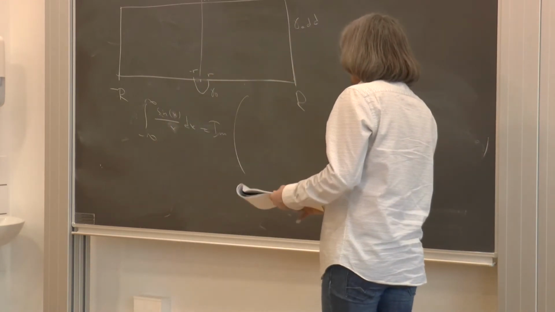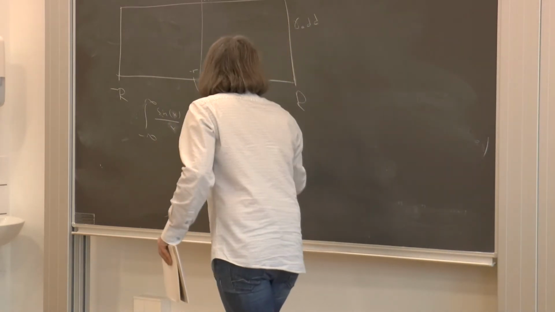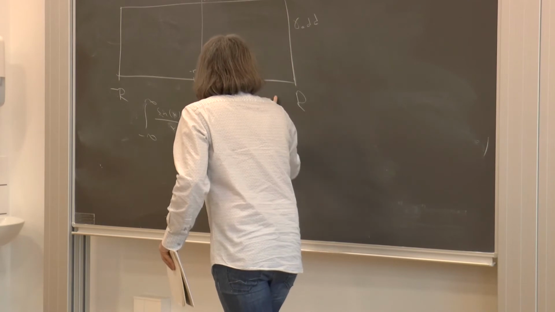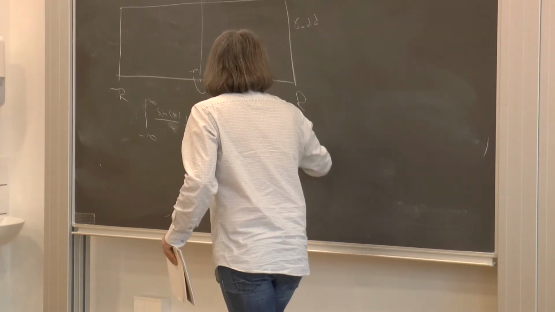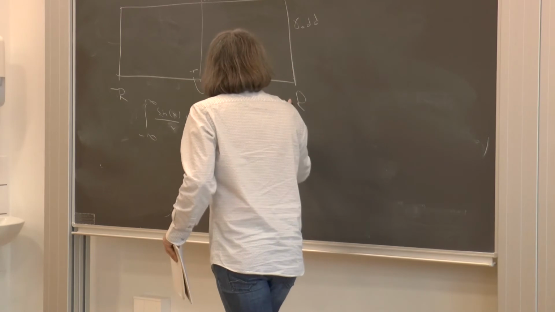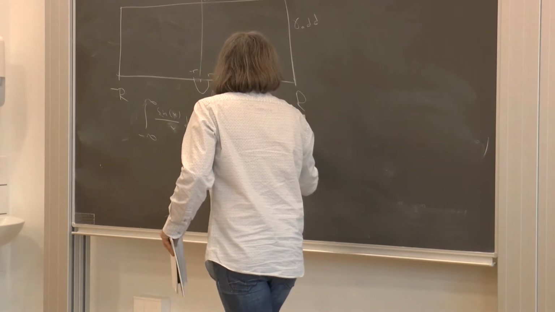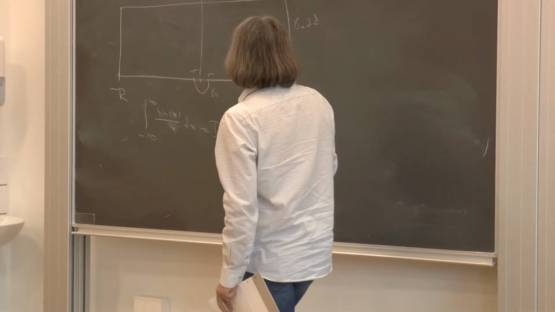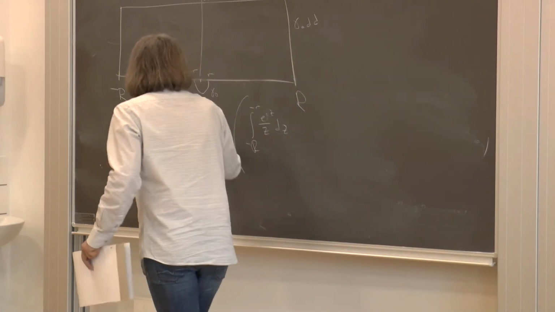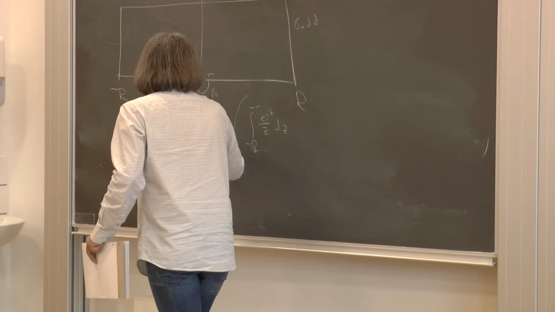So it will be the imaginary part of the integral from minus R to minus r of e to the i z over z dz, in the limit.